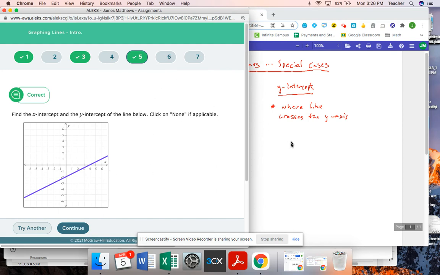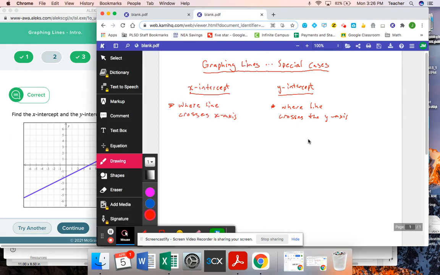All right. Now, again, I could go the other way and say, please graph it by using the x-intercept and the y-intercept. The x-intercept, since it's where it crosses the x-axis, is going to be some number, so x and then some number, right? The y value there will always be 0. So (3, 0) would be an x-intercept. (7, 0) would be an x-intercept.